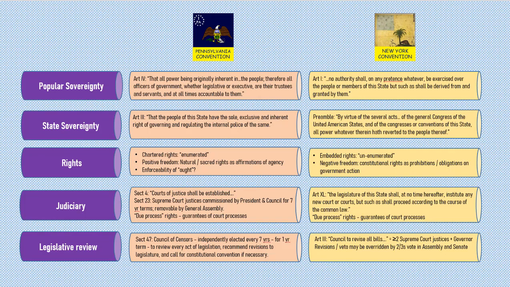As we noted in the last portion of class, both constitutions create an independent body, the Council of Censors for the Pennsylvania Constitution and the Council to Revise All Bills, which includes the Supreme Court justices in New York, but also includes the governor and the chancellor as well. It does not require a meeting of the Supreme Court, if you will.